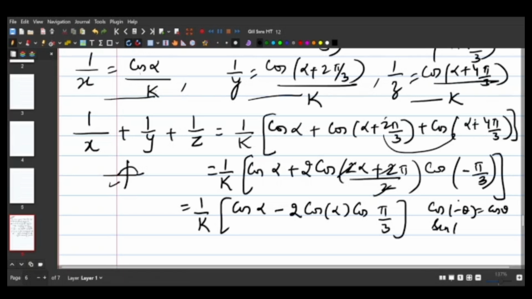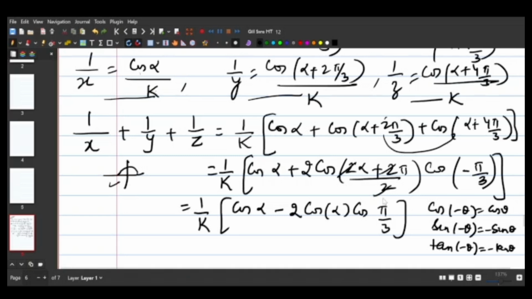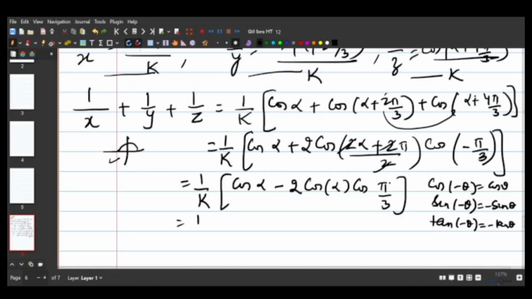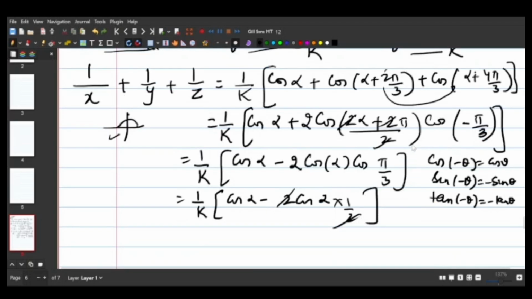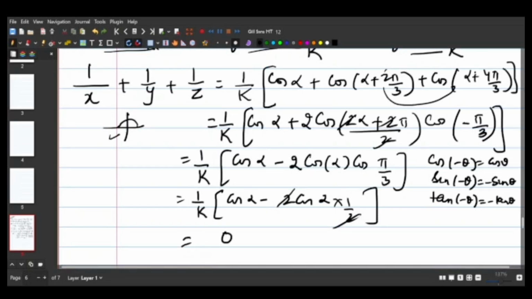This happens only with sine minus theta, which is minus sine theta, and it happens with tan also, but not with cos. Remember this. So by using this, I can write 1 upon k cos alpha minus 2 cos alpha cos pi by 3. Cos 60 is half, 2 got cancelled, cos alpha minus cos alpha has become 0.